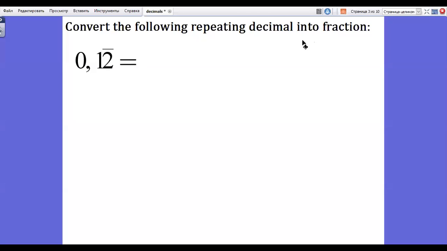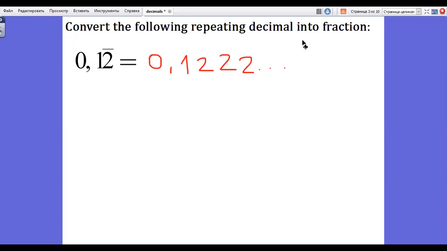This bar means that here 2 is repeated digit. Okay, let's write this 0.12 as 0.1222, and this 2 has no end and will continue forever.